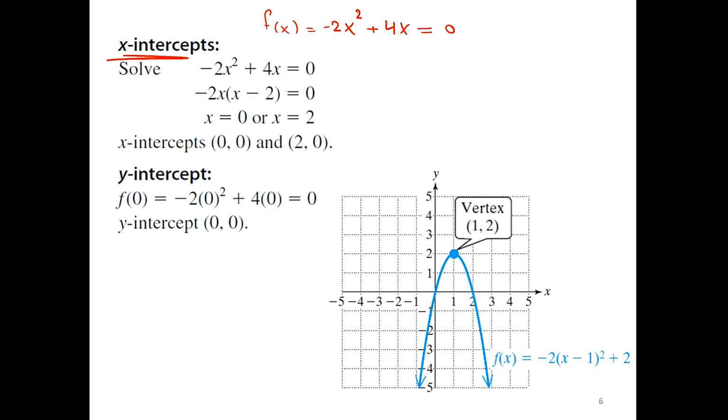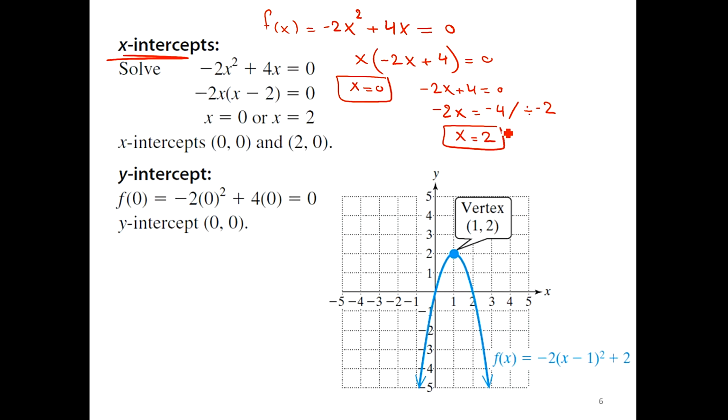We can take x as common factor, so we have minus 2x plus what? Plus 4. So we can conclude we have x equals 0, and minus 2x plus 4 equal 0. So this is the first point, and for the second point, minus 2x equal negative 4. By dividing by negative 2, x equal 2. So we have 2 values of x.